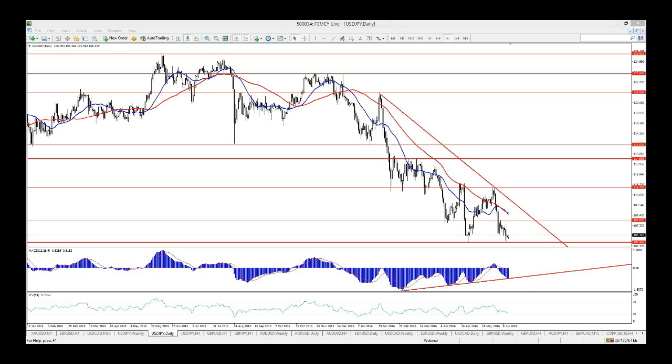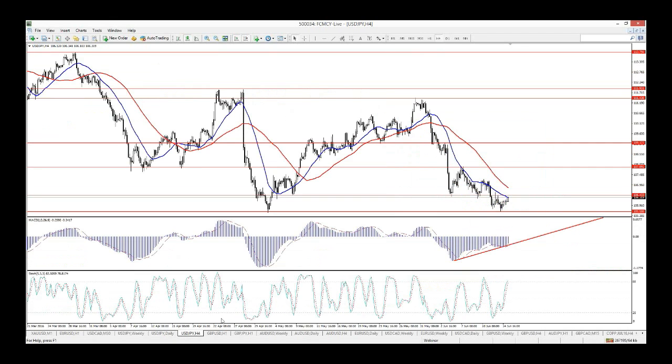Yesterday we had some releases about the US dollar. We had the retail sales, which were slightly better than expected, however not by much.